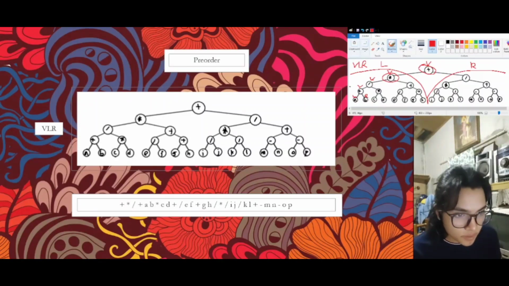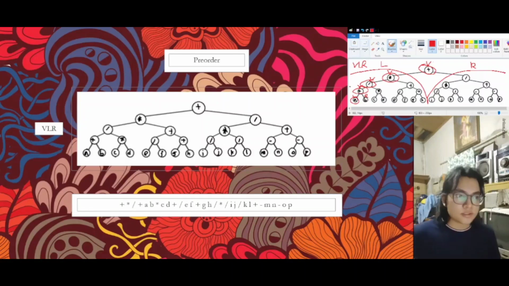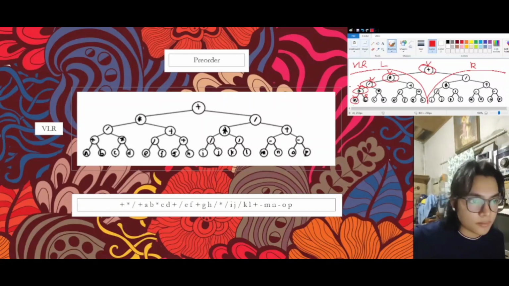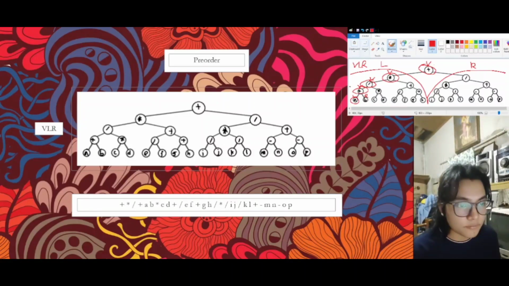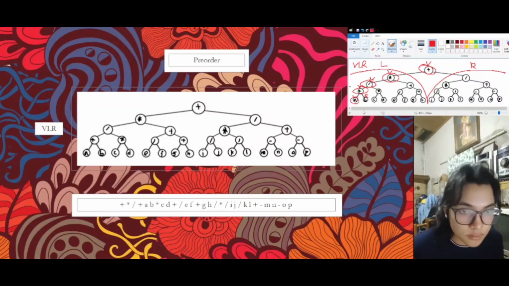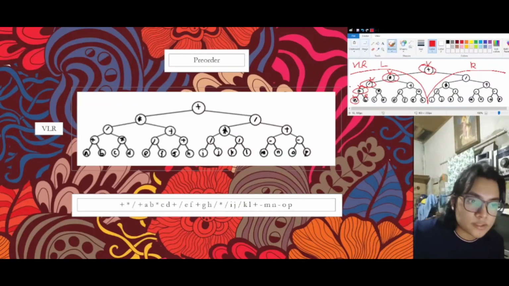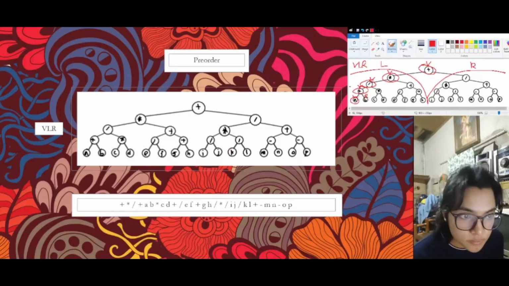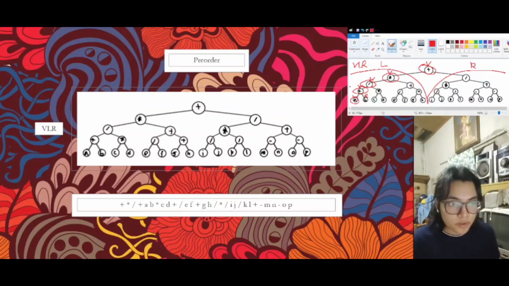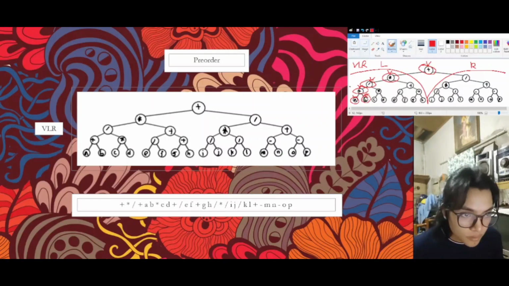So this is multiplication, and then we are going to follow it with division, plus, and A. Since we traveled every left node, we're now going to travel the right nodes. So let's start with the bottom. Since this is our current position, we're going to have now B, and then we're going to go back to the visiting node after R. Visiting node, this is going to be R.